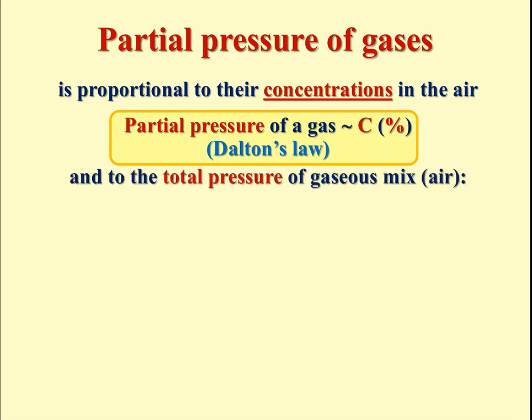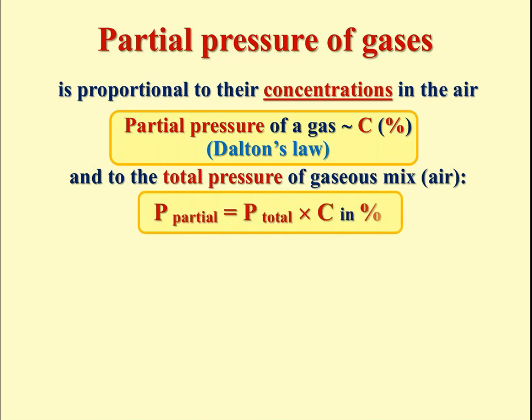So, total pressure multiplied by concentration of gas in percent produces partial pressure. Generally, it's very easy. If a mix of gases has 50% of one gas and 50% of another gas, the total pressure consists of two halves, one half for one gas and half for another.